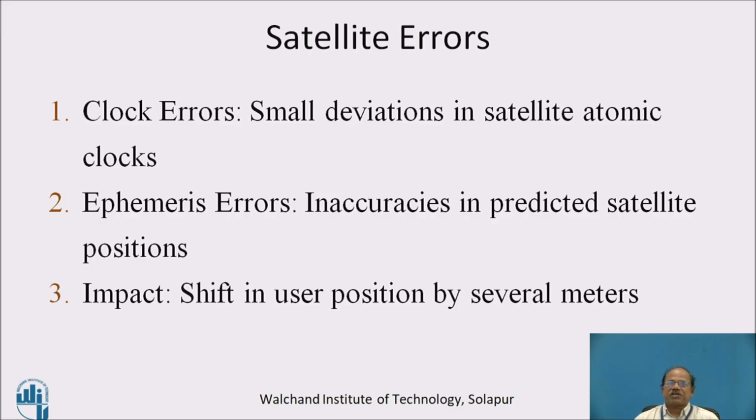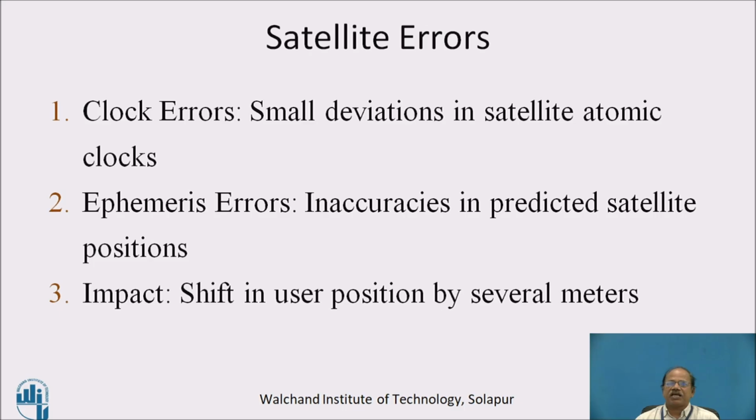The first error type that we have seen previously was satellite error. You can see that there are three possibilities related to this. One is, as I said, the atomic clock, and the atomic clock itself may be having an error in its setting. Small deviations in satellite atomic clocks may result into something which we call the clock error.